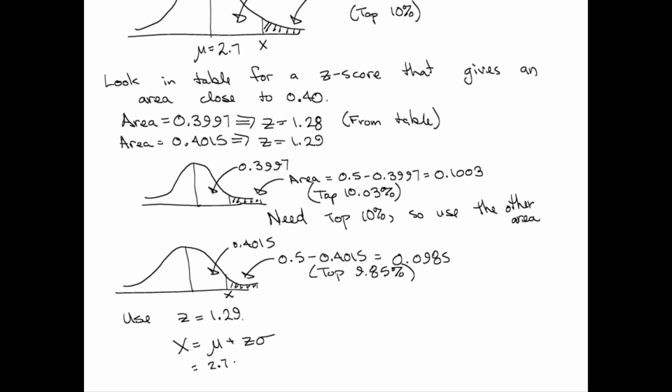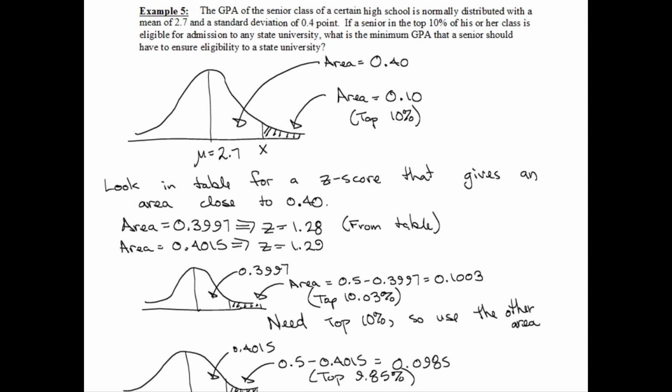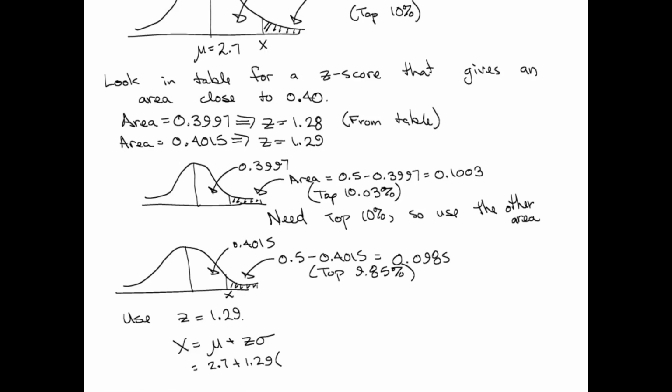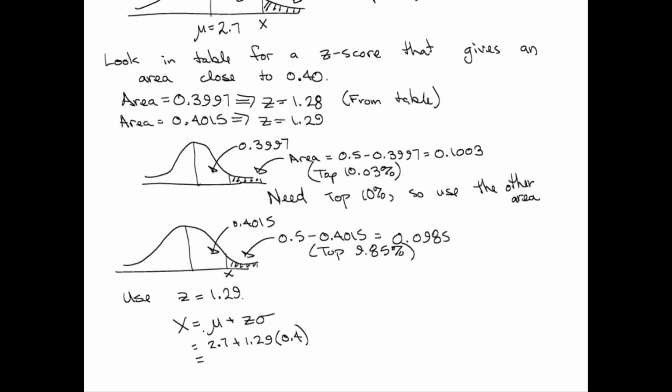So 2.7 plus 1.29 times my standard deviation, which was 0.4 of a point. So 1.29 times 0.4, which is 3.216.